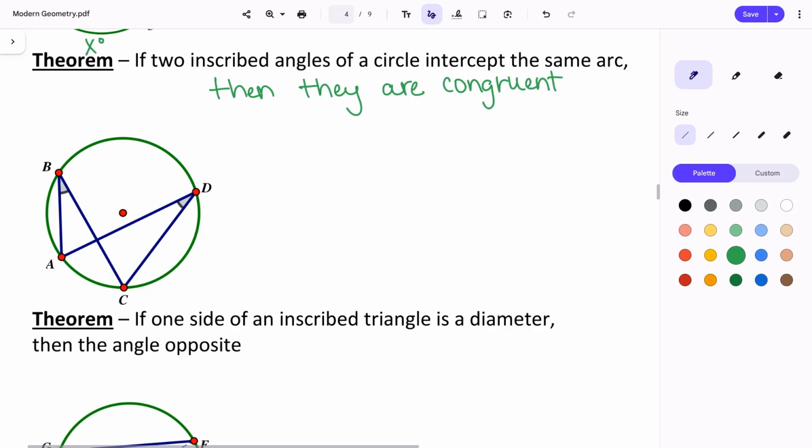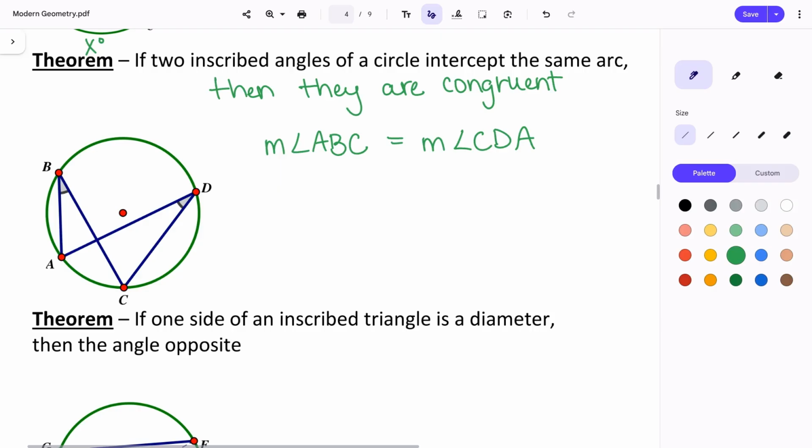So in this case, the measure of angle ABC would be equal to the measure of angle CDA. You can see they both have a C and an A in their name. D and B are the only thing that's changing because we're talking about a different angle, different vertexes. But because they have that same common intercepted arc, those angles are going to be congruent to each other.